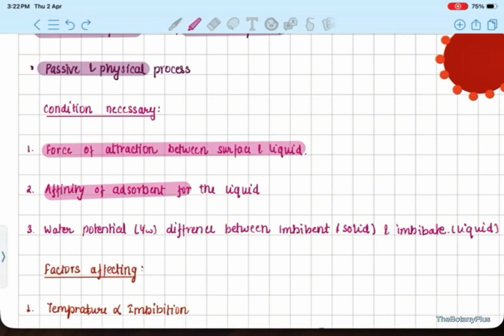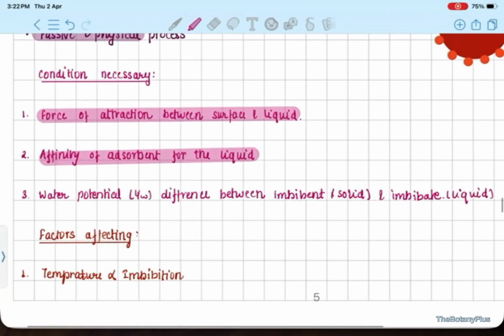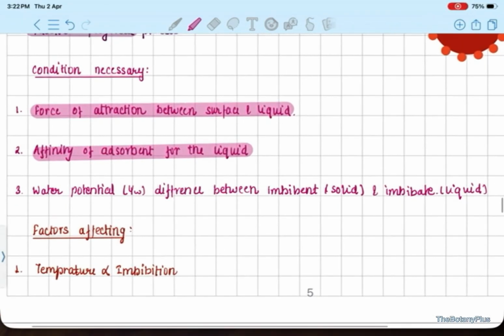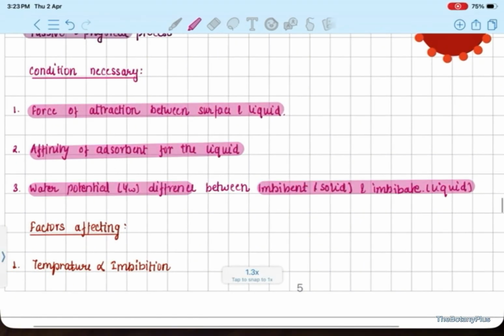There should be affinity of the adsorbent for the liquid, meaning the solid surface should have the affinity to absorb that liquid. Then the third condition is a water potential difference between the imbibant, which is solid, and the imbibate, which is liquid. So there should always be a difference in water potential.